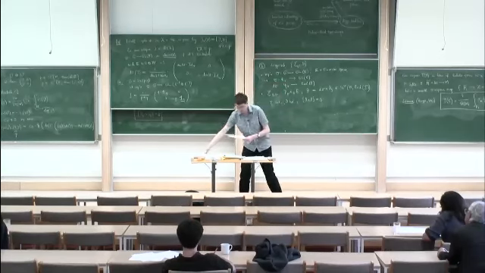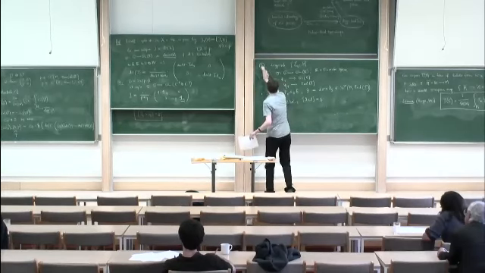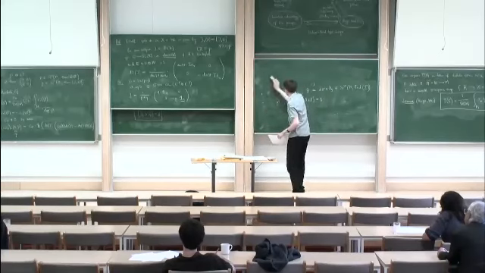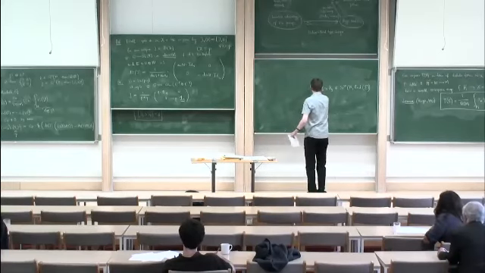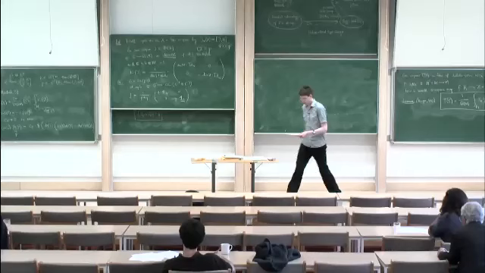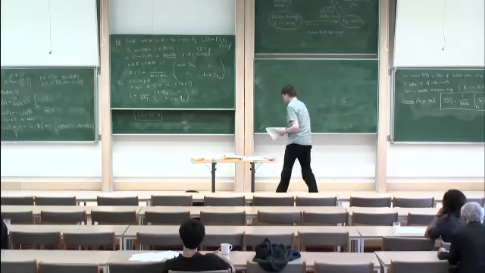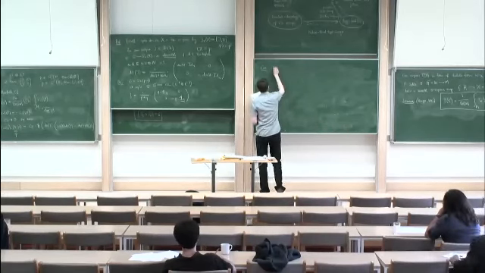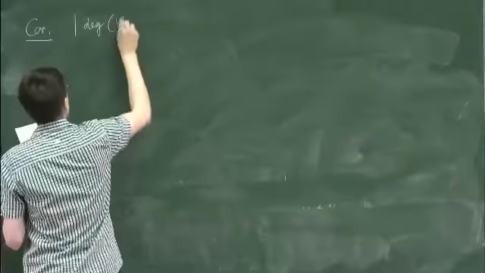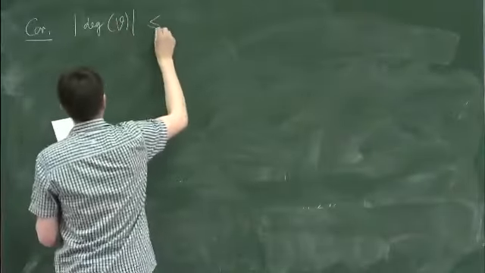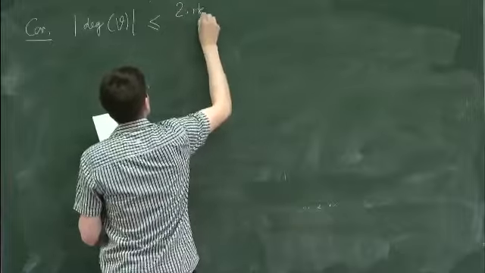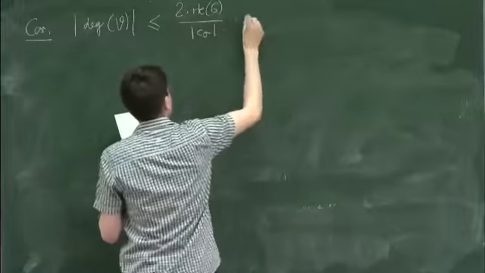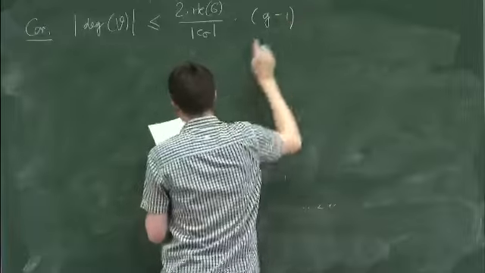And so an immediate corollary of this is the corresponding Milnor-Wood type inequality, we just have to plug this formula into the Milnor-Wood inequality. So we get 2 times the rank of G over this constant times genus minus 1.